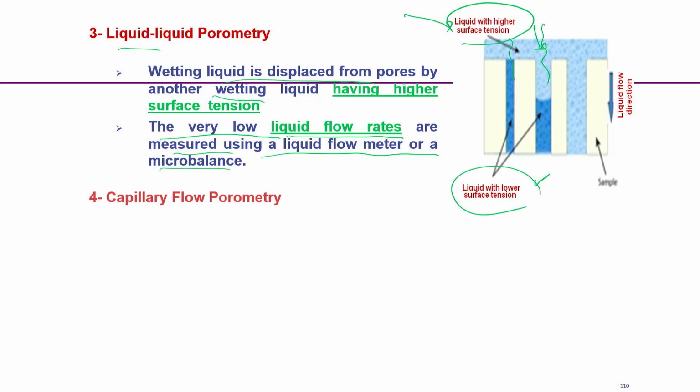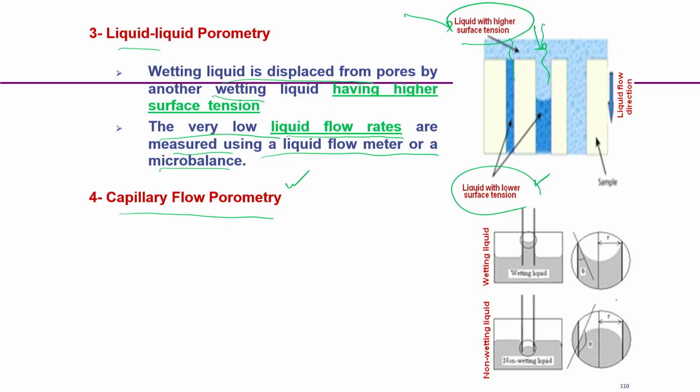Another method which is very widely used is capillary flow porometry. This is mainly used in textile materials to measure the pore size. This is the capillary flow porometry principle.